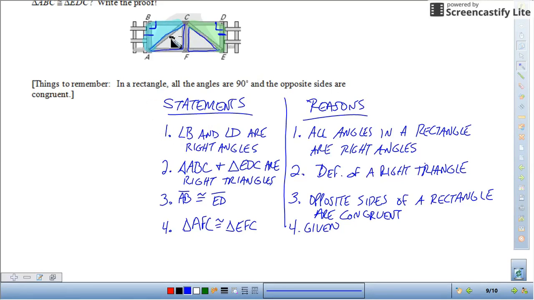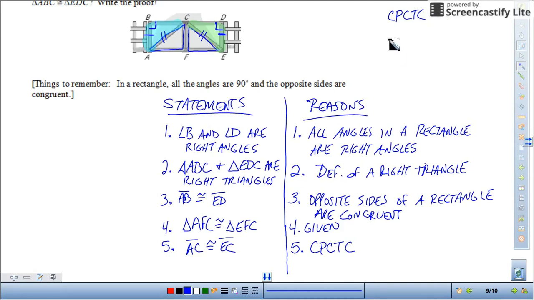So because these two triangles are congruent, we know that AC must be equal to EC, because those are both corresponding sides of those congruent triangles. So we're going to go ahead and say that AC is congruent to EC, and the reasoning we're going to give for that is shorthand, what we call CPCTC.